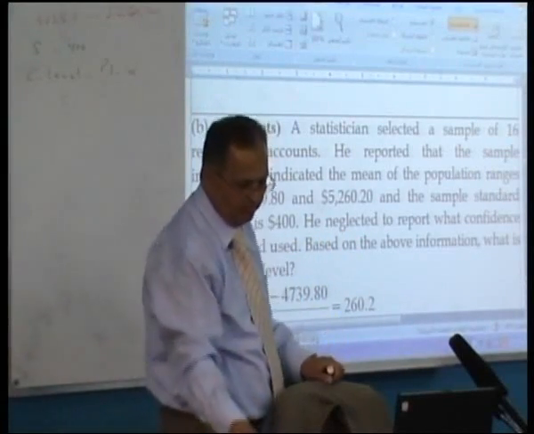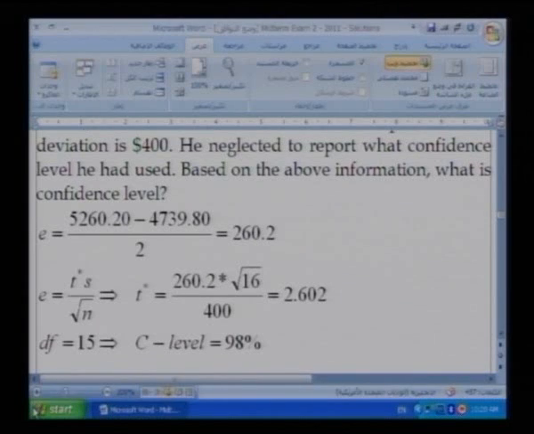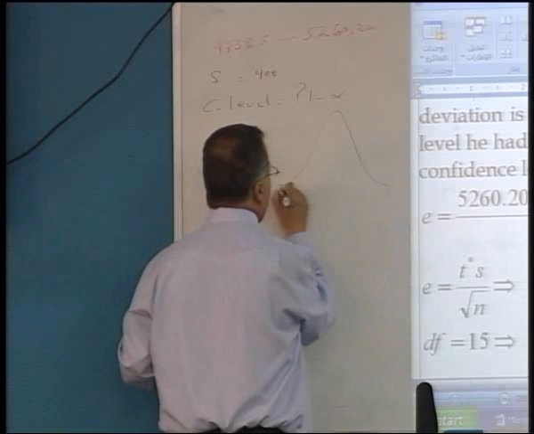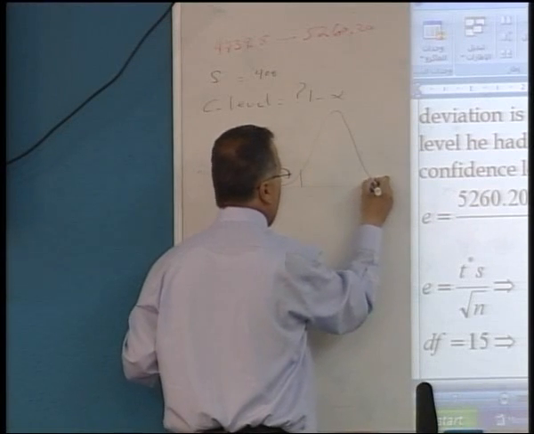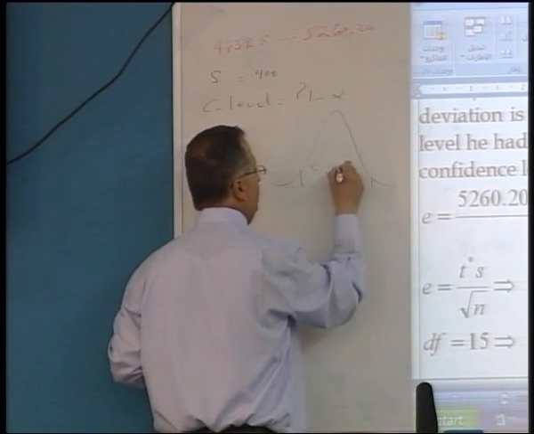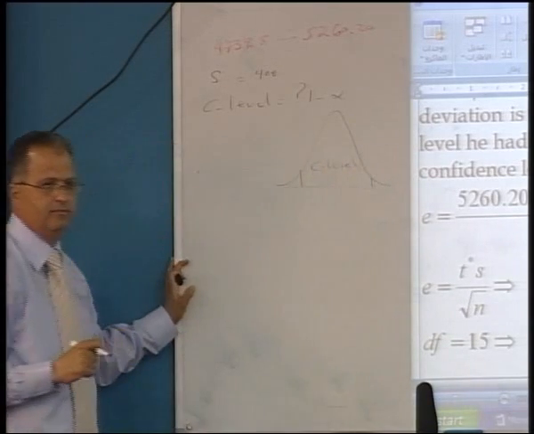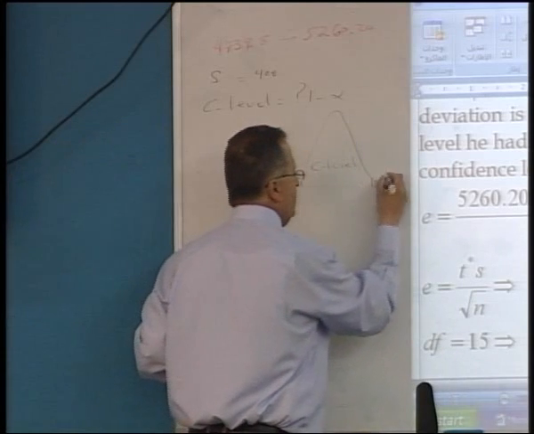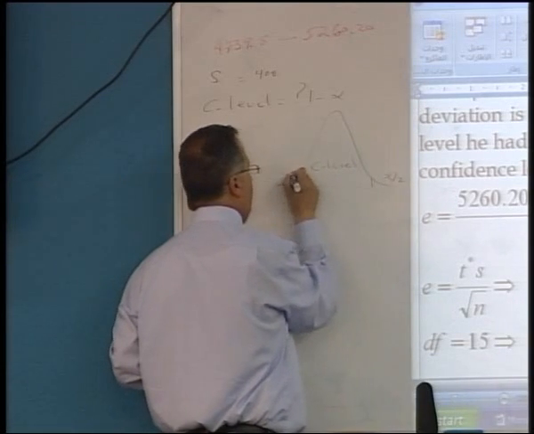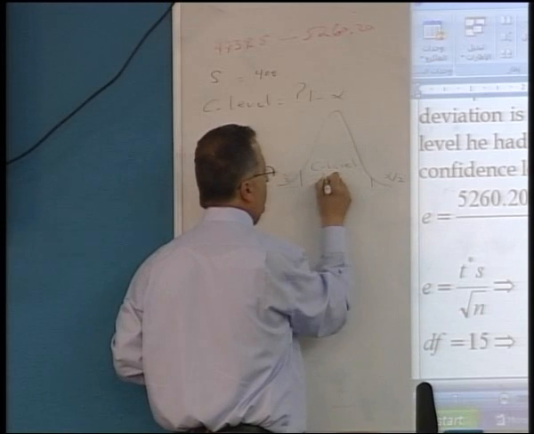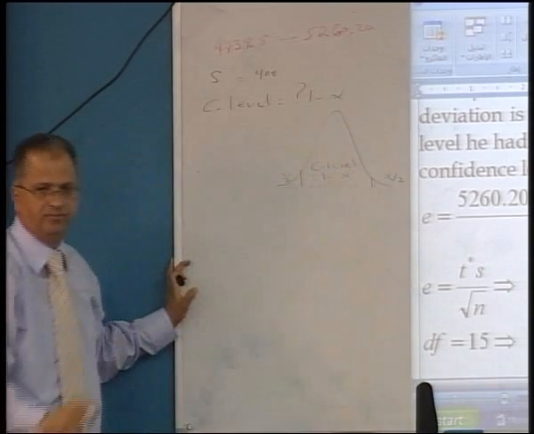So we are looking for the C level. Now, just keep in mind, the confidence interval is given, and we are looking for the C level. So this area is alpha over 2, and the other one is alpha over 2. So the area between is 1 minus alpha.